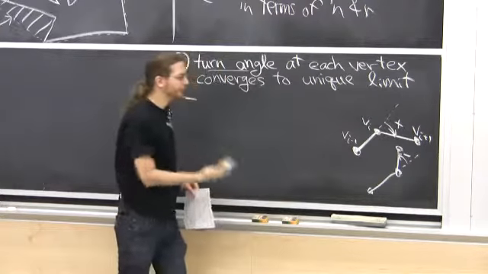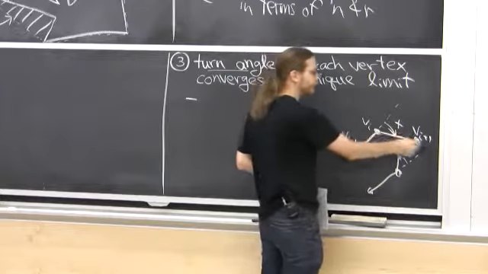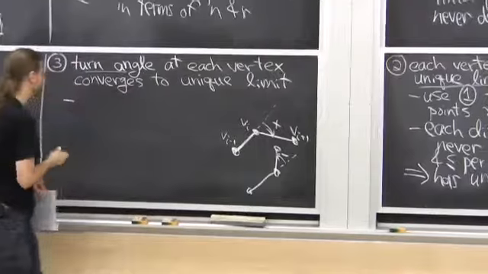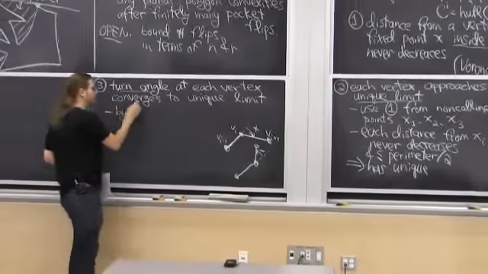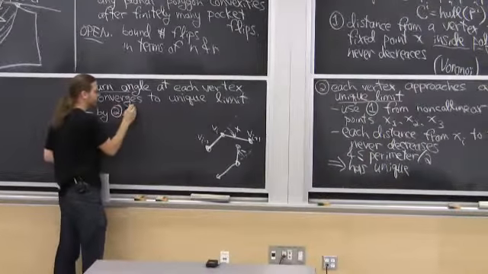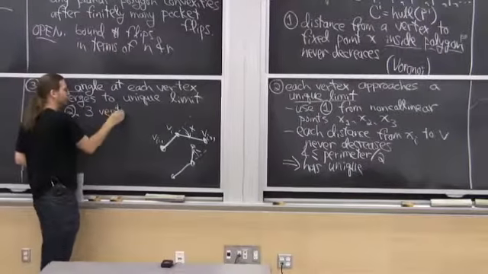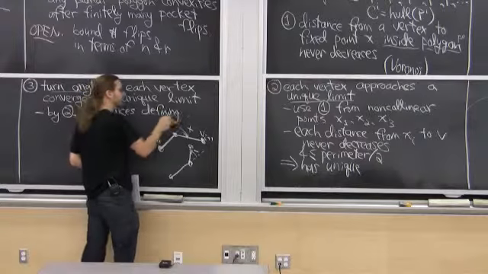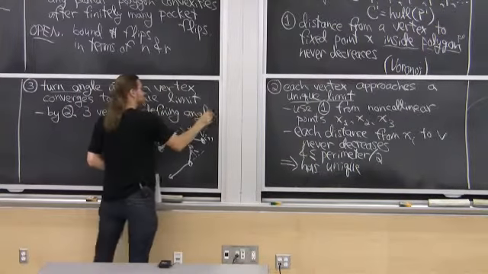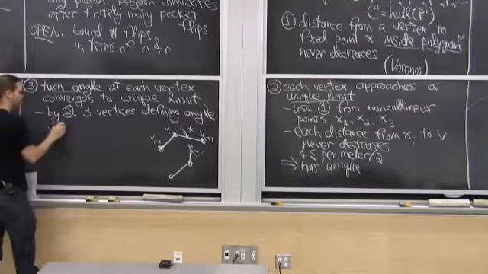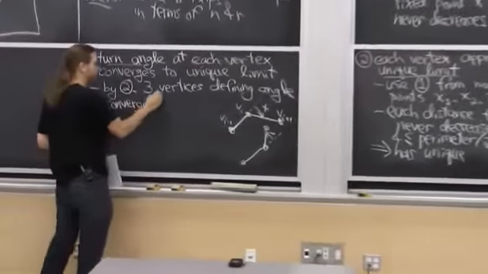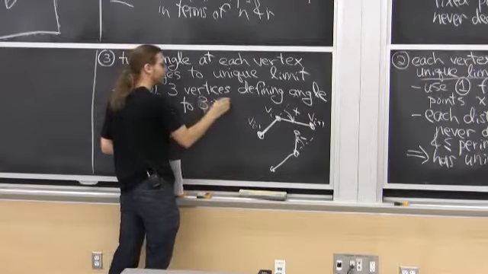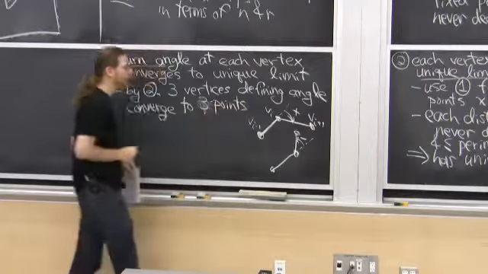We want to know what the angle is in the limit, so we want to know what the limit of these vertices are. We know by part 2 that those are points in the plane. So by 2, the 3 vertices that define the angle converge to single points. So 3 points total. So we sort of know what they are.